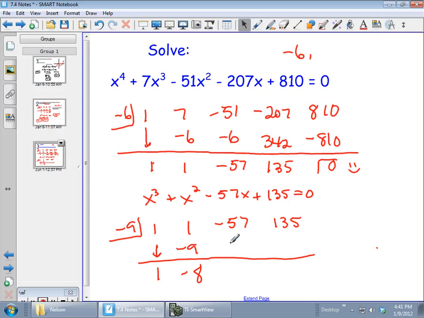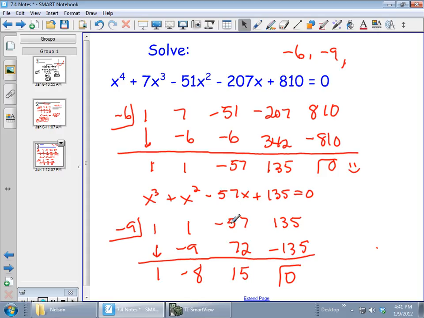Negative 9 times negative 8 is 72. 72 minus 57 is 15. And then negative 9 times 15 is negative 135. So our remainder is 0. That means that negative 9 is also a root, which is good.